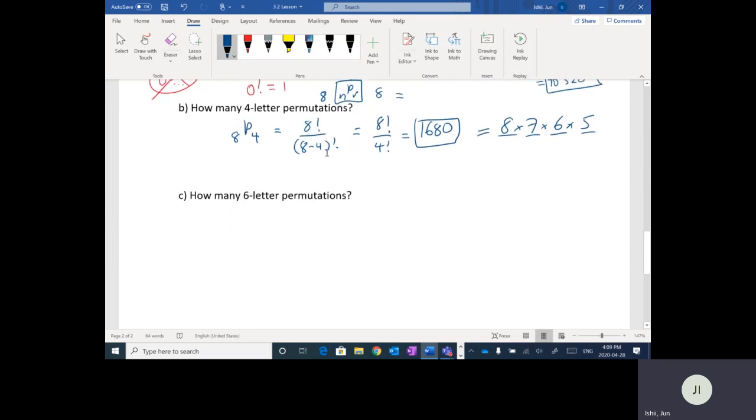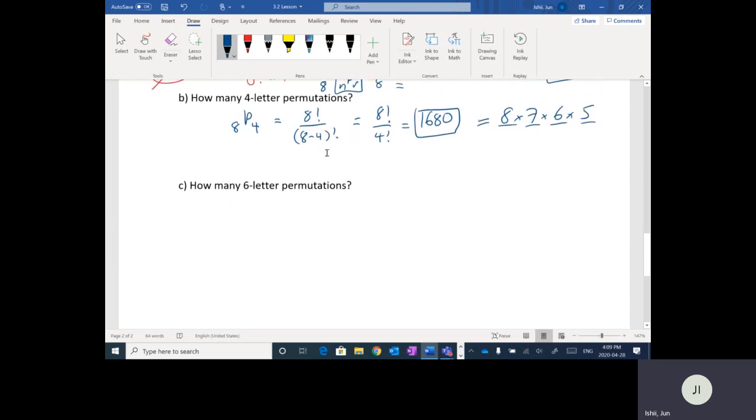Cool. And so just another variation here. If I had 6-letter permutations, this would be 8 pick 6. Again, theoretically, you can just do this in one function with your calculator. It's totally fine. But what I'm going to do here is just write out the formula. That would be 8 factorial over 8 minus 6 factorial, which is 8 factorial over 2 factorial.